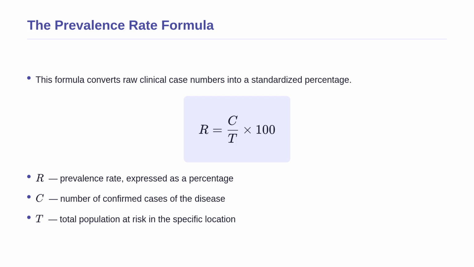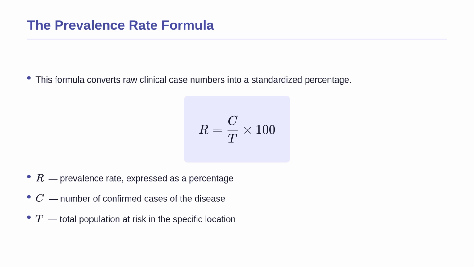To calculate this standardized metric, we use a very straightforward epidemiological formula. The equation is R equals C divided by T, all multiplied by 100. In this formula, the variable R represents the prevalence rate, expressed as a percentage. The variable C is the number of confirmed cases of the disease found in the area.